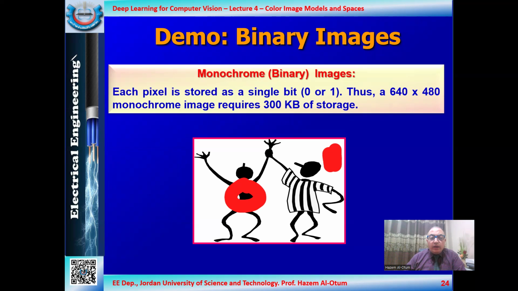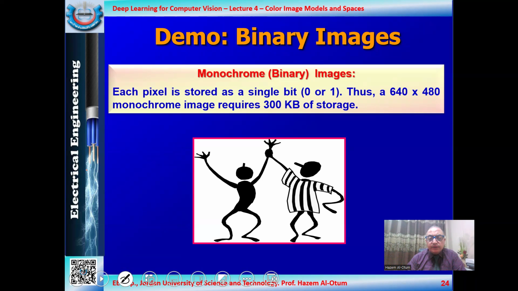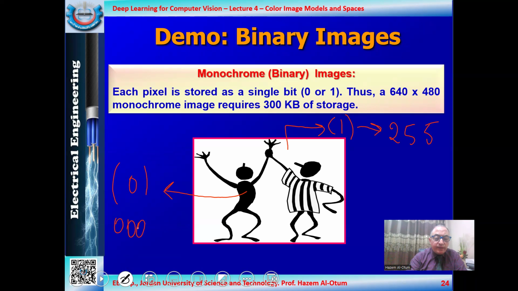Now, if we want to talk about the image and give it more specification, I think you need to be familiar with the coding used here. It's true that it's 1, but 1 means white, and white means 255. While for black, it means 0, which is 0, 0, 0, 8 times.